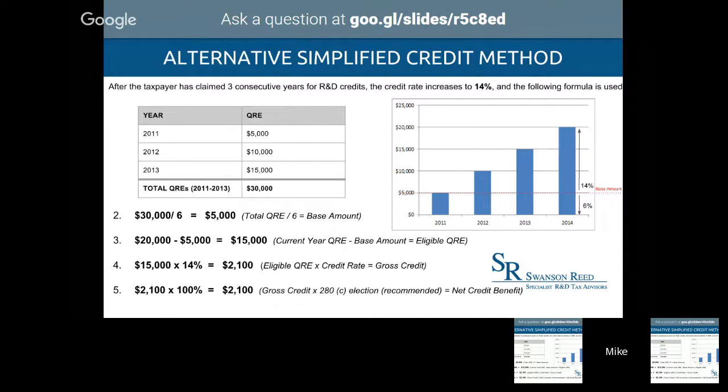So if you had some really high credits in those earlier years, the average of those 3 years, or the base period as you calculate it, is a high number, and then you come in the 4th year with a low level of QREs, then your current year is going to be less than your base period, and you'll be negative, and you're going to ground out at 0. So that's some of the nuances you'll see as we move into this.